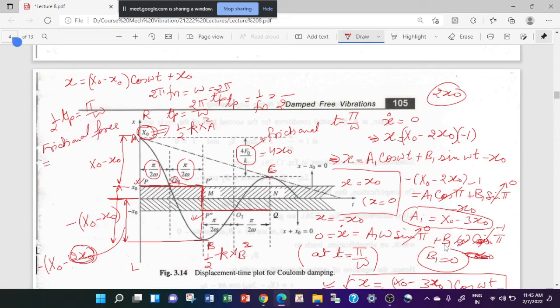Suppose F naught is your frictional force, then what is the work done by the frictional force moving from A to B? It is nothing but xa minus xb into F naught.